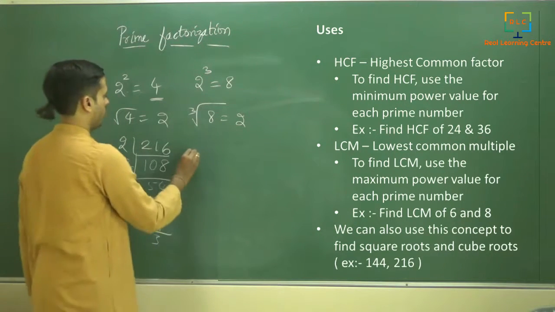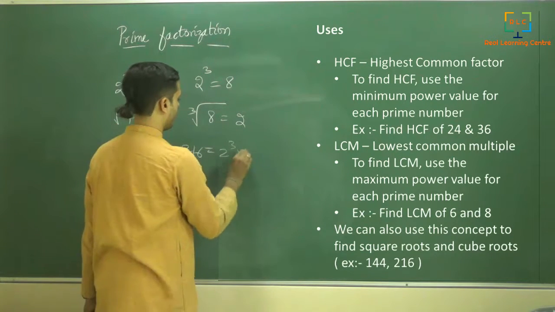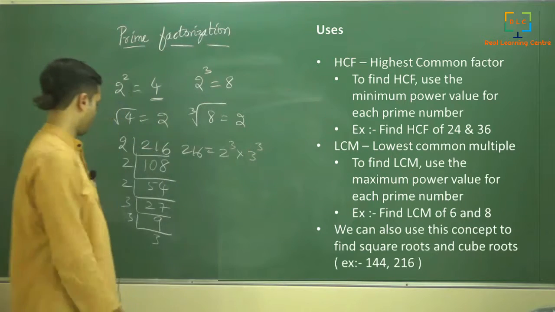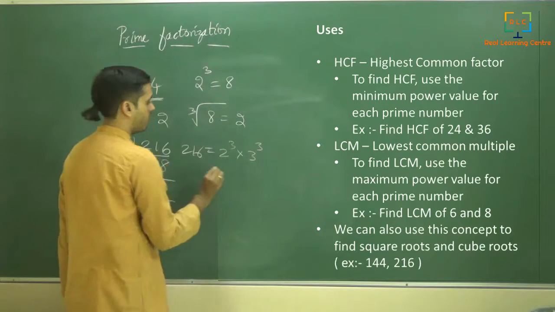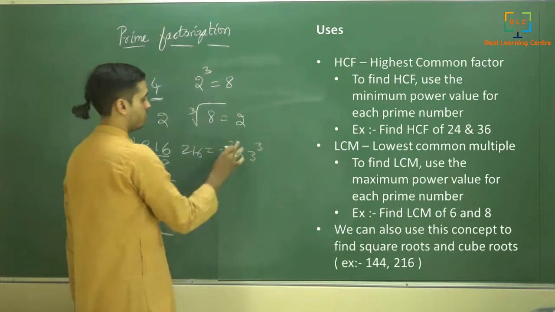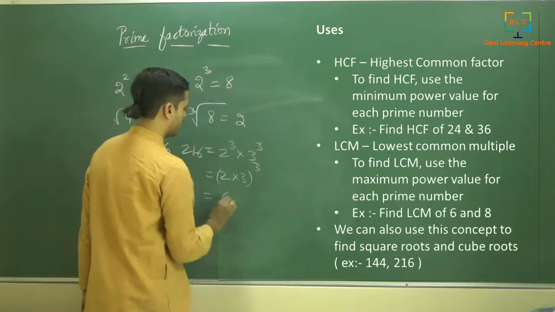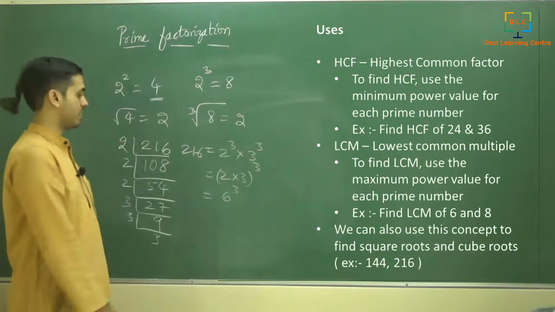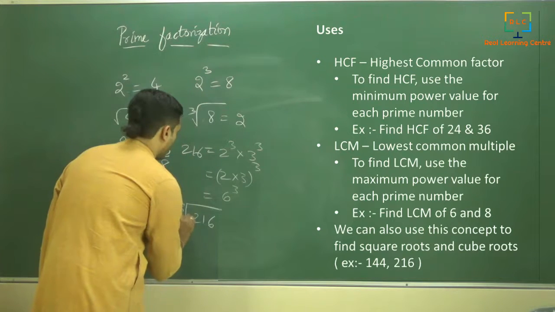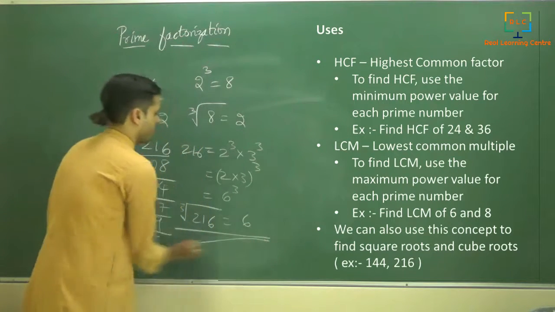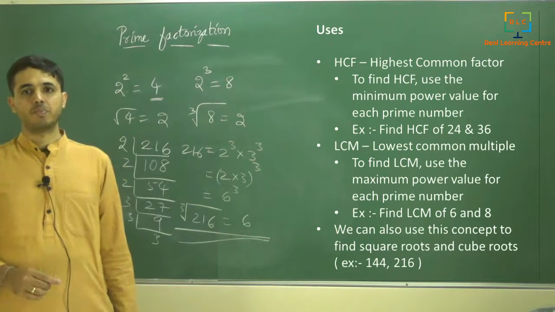So basically the prime factorization of 216 is 2 cube into 3 cube. Now for the cube, I need to have a cube on each prime factor. So we have 2 cube and 3 cube. So we can write it as 2 into 3 whole cube, and 2 times 3 is 6, so 6 cube. So 216 is the cube of 6, or the cube root of 216 is 6. In this way we can easily find cube roots using prime factorization.